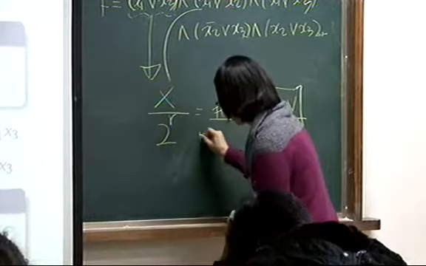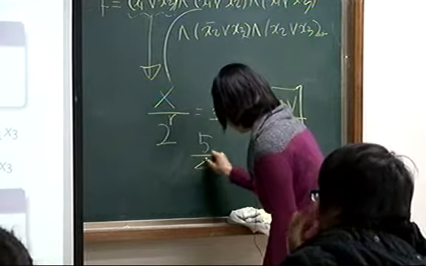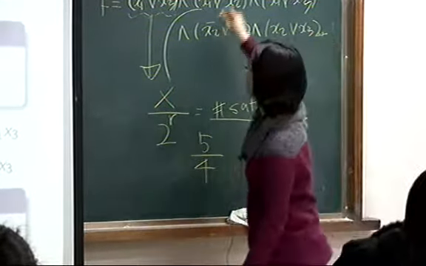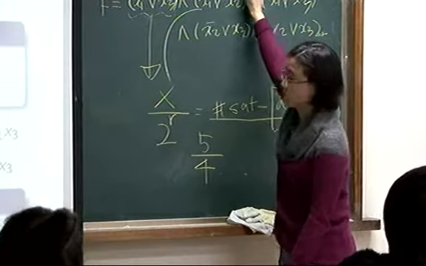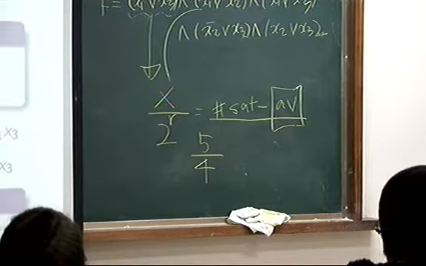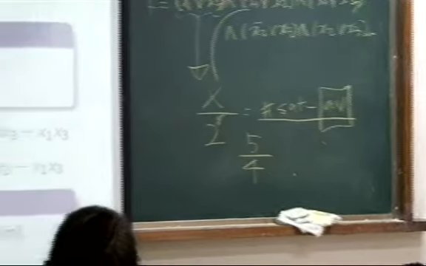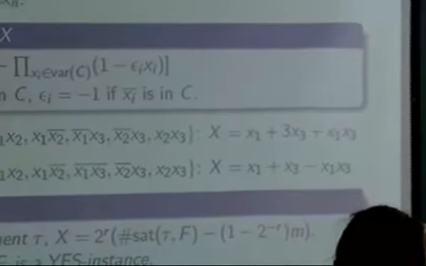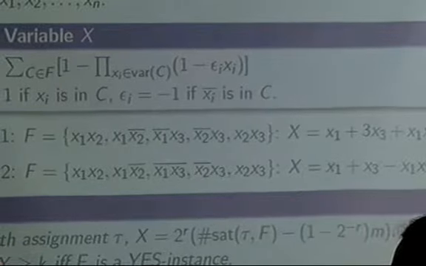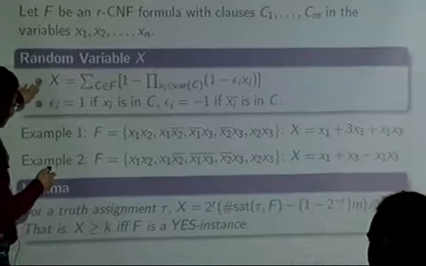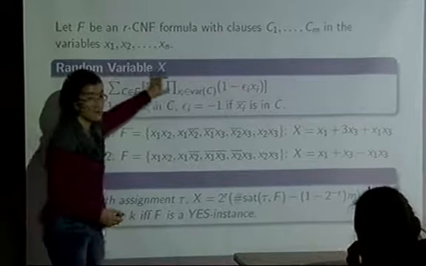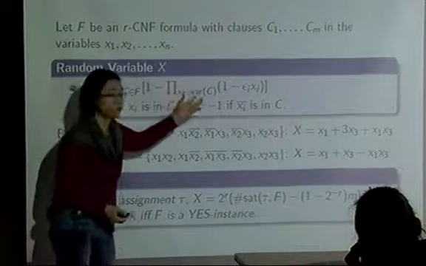That is, we can satisfy at most 5 over 4 extra clauses in this CNF. So we kind of transform the problem. We transform the Max-R-SAT problem into computing a maximum possible value of this polynomial, where xi is taken from 1 or minus 1.